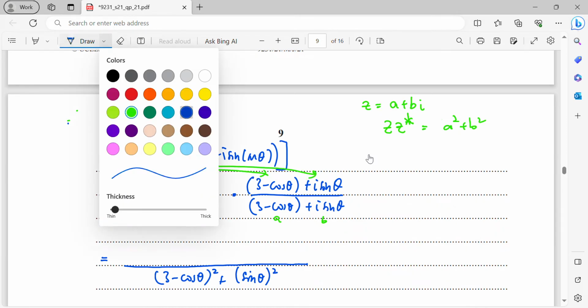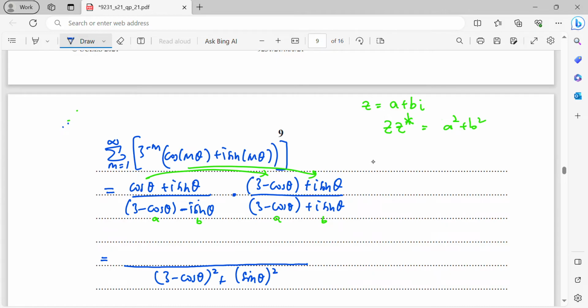So now, cos theta multiplied with 3 minus cos theta, you will get 3 cos theta minus cos squared theta. Then cos theta times plus I sine theta is plus I cos theta sine theta. And then the next expansion is the imaginary part.